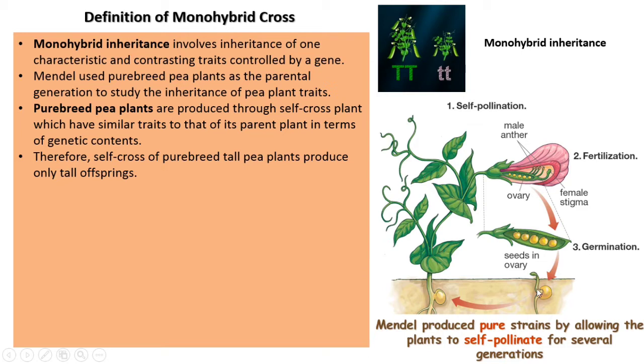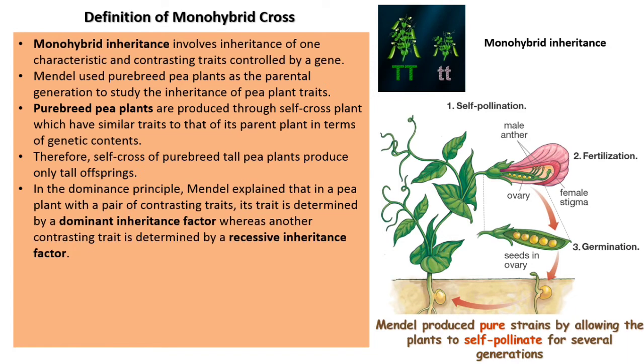Apabila biji benih tu ditanam, biji benih tu akan menghasilkan satu anak pokok yang baru, dan anak pokok yang baru tu menghasilkan ciri tinggi sama dengan induk. Jadi proses ini berulang for several generations, berulang-ulang kali menghasilkan pokok baka tulen tinggi. Itu yang Mendel hasilkan, baka tulen tinggi dan baka tulen untuk pokok rendah.